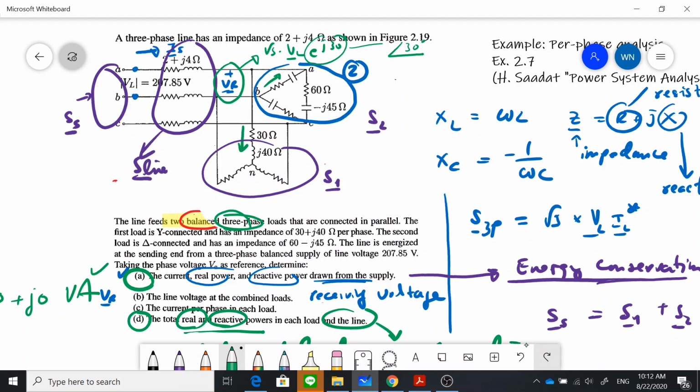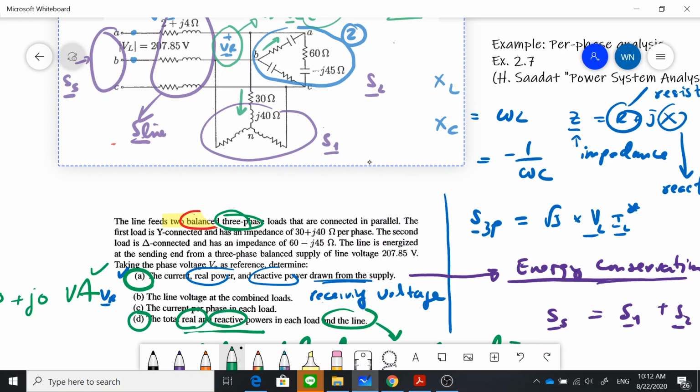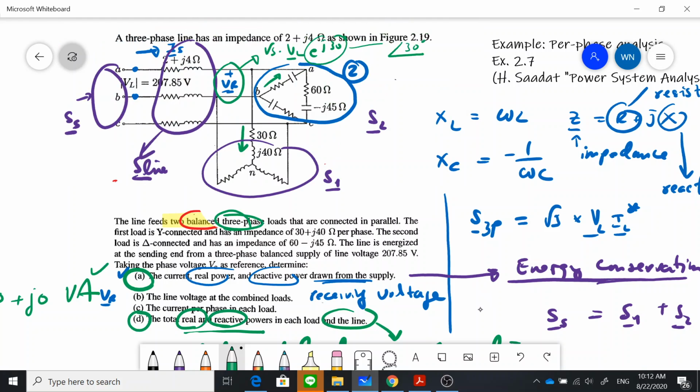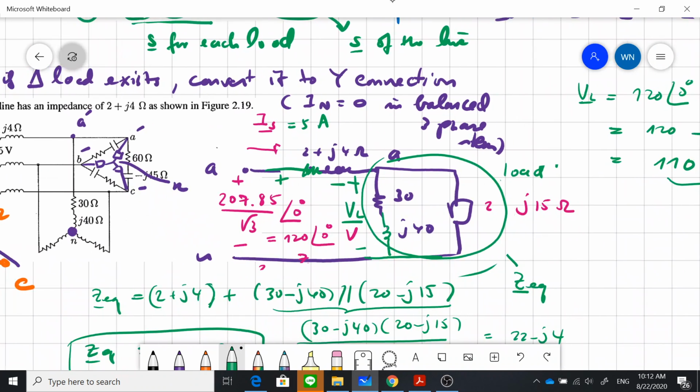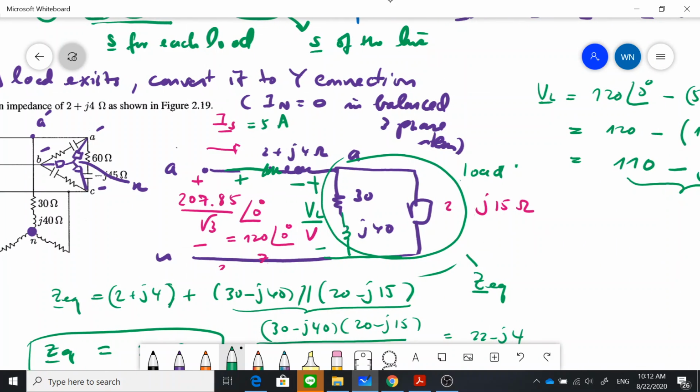All right, and let's go straight to question number 3, or question C here. It asks you to find the current per phase in each load. The current per phase, this is a phase quantity, right? This is the per phase or single phase circuit. So the problem asks you to find the current per phase.